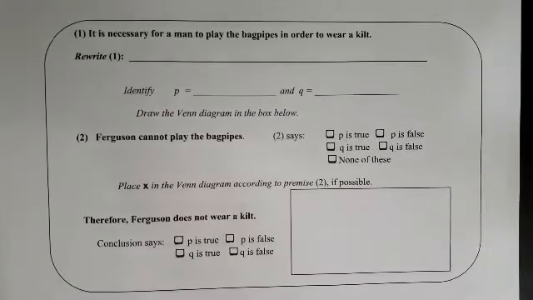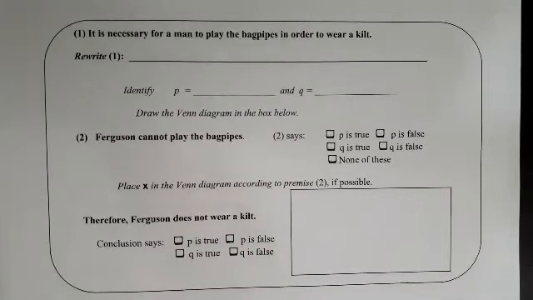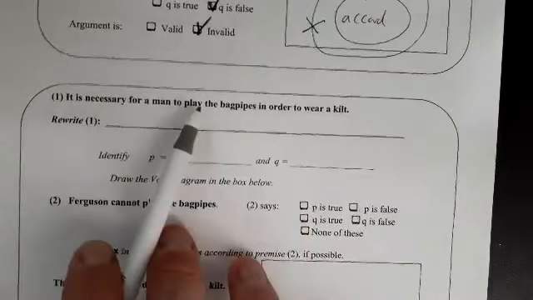I don't like the necessary and sufficient ones, to be honest. So bagpipes are the prerequisite to wearing a kilt? I think it's like if you wear a kilt, then you must play.